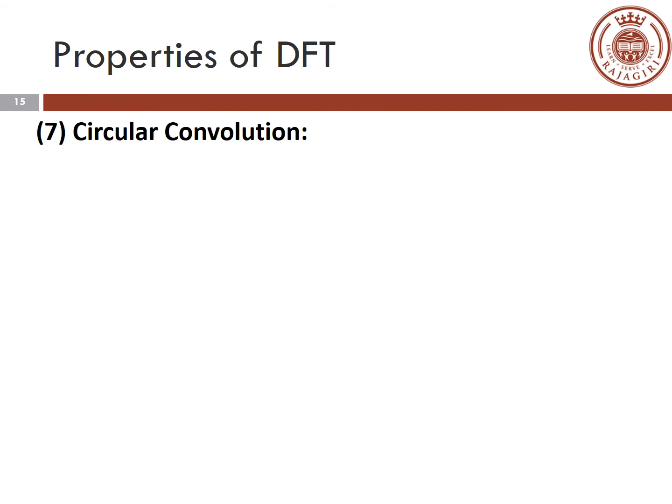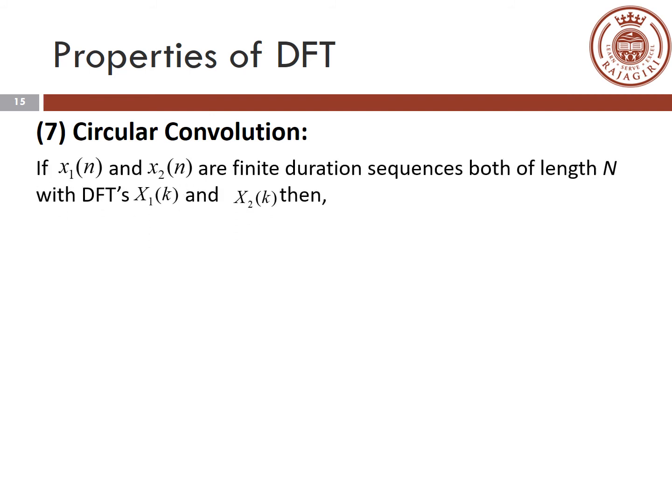Now, circular convolution. The property says that if I have two finite duration sequences, x1 of n and x2 of n, both having a length capital N. Even though they do not have the same length, you can make them the same length. You find out which is the maximum of N1 and N2, fix that to be capital N, and append zeros to the other.